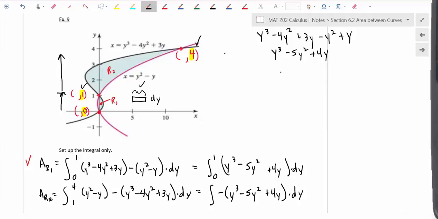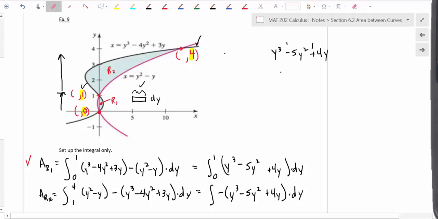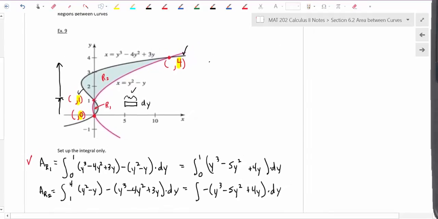Okay, so we are set up now, and we're pretty much ready to go here. I'm going to go ahead and focus my efforts on doing this first integral right now.